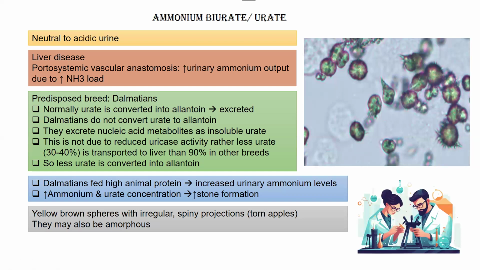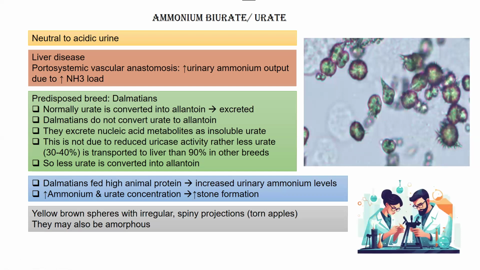So urate stone formation will increase. While feeding high animal protein to Dalmatians, you should be vigilant. You should know that your dog is already having high urate, and if you add on high animal protein, that will increase ammonia too, and these two will combine and form ammonium urate or ammonium biurate crystals. So be vigilant on that.